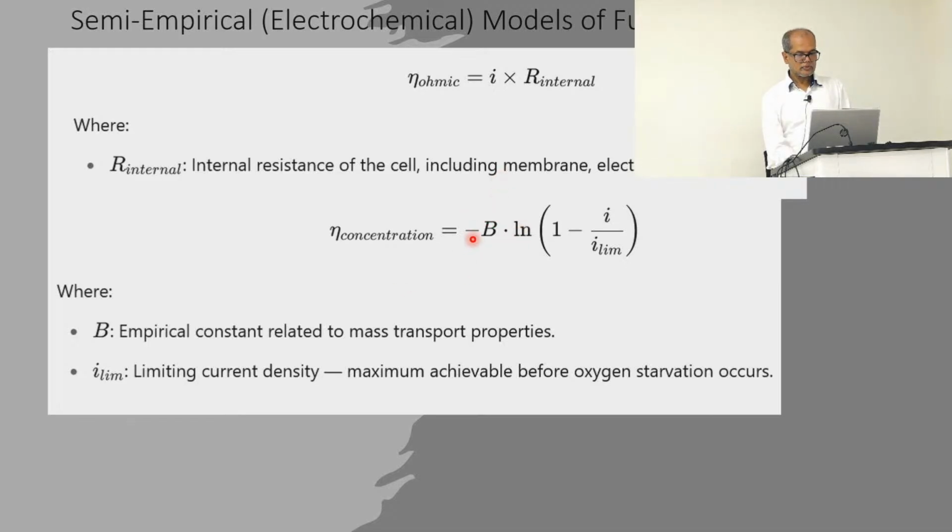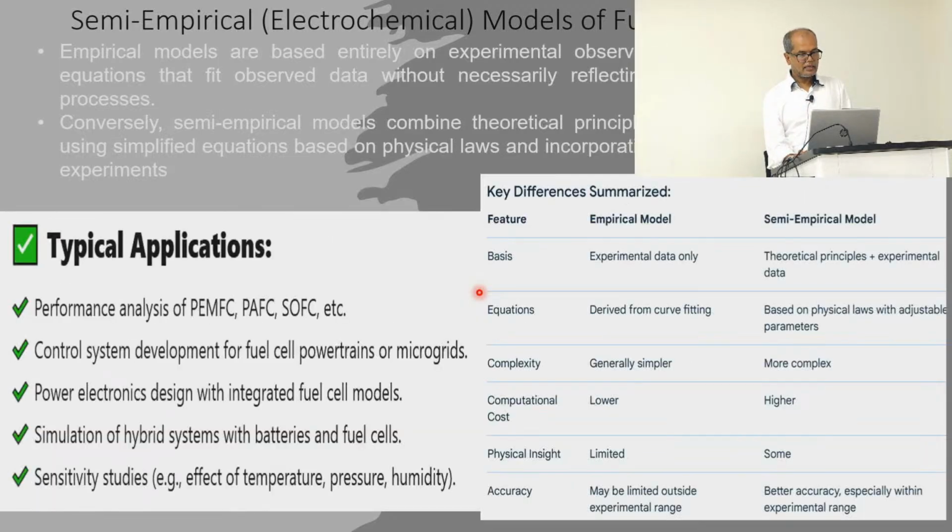This constant you can calculate from your experience or through the experimental process, and then you can do your model. Again, if you compare with the previous one, the key difference is that the empirical model is just experiment, derived from curve fitting.